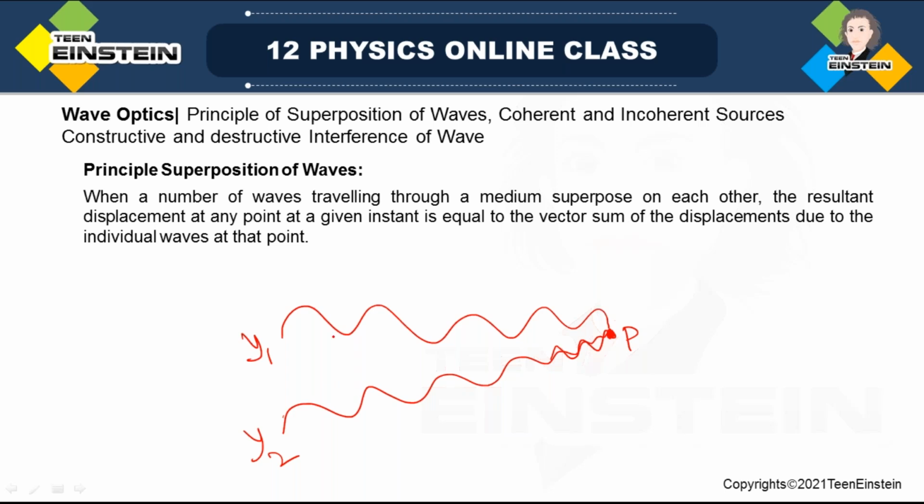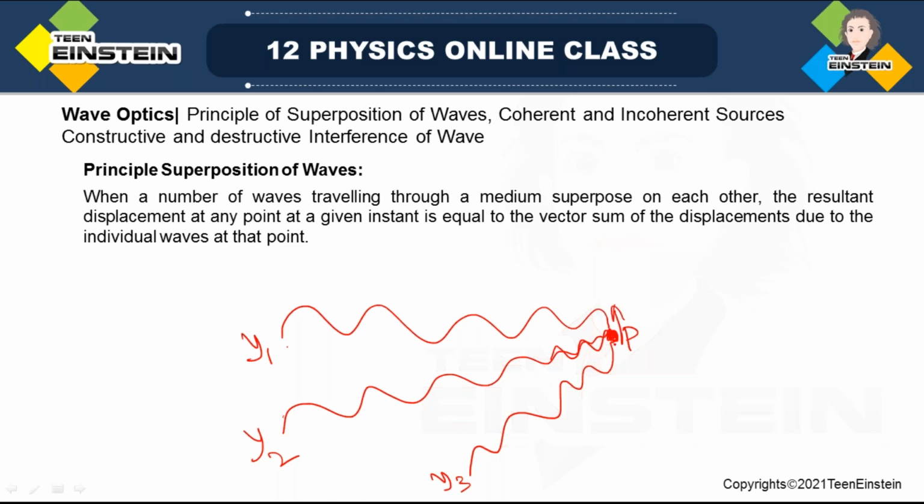When they pass through this particular point, individual waves will be displacing this particle according to their own displacement. That means at any instant of time, however many waves pass through or meet at this particular point, each and every wave will keep its individuality.